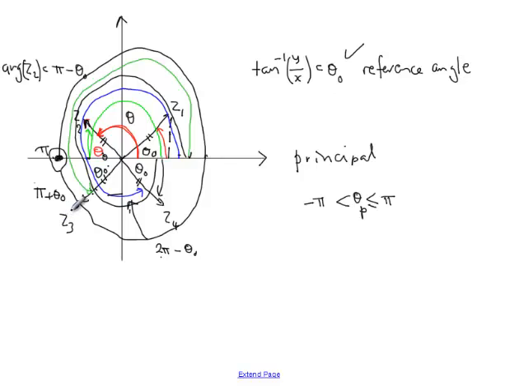Let's come to this Z3. Let's go this way, pi. Am I allowed to go beyond this? Look at this. No, it's more than pi. So then I discard that angle. It's not a principal argument. What am I going to do?